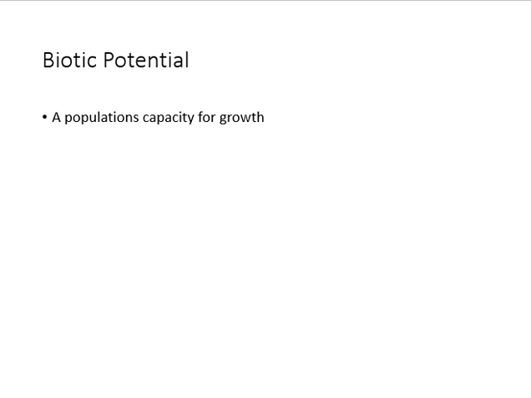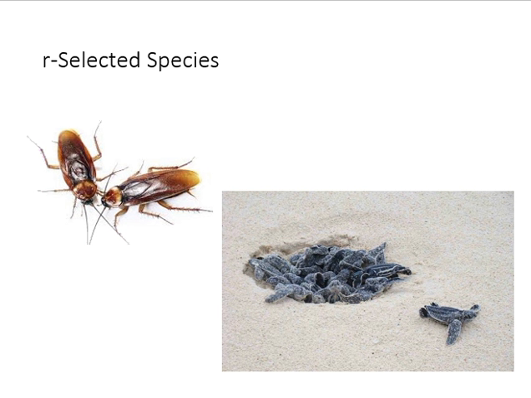The first are what we call R strategists, or R-selected species. R-selected species have astounding biotic potential. They reproduce early in life, they reproduce many times, and they have many, many offspring. Take the typical common household fly.